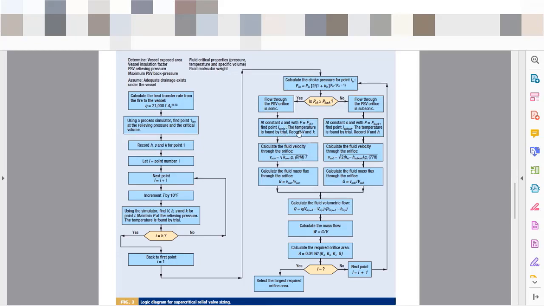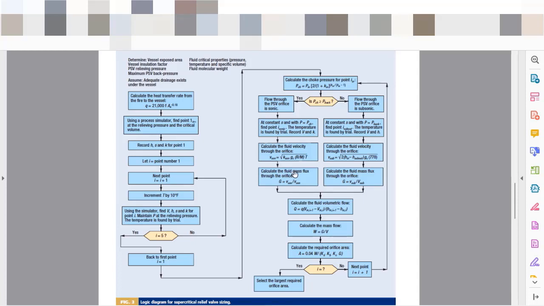With the choked temperature, we record the specific volume and also the CP/CV. With that, we calculate the fluid velocity through the orifice as the sonic velocity based on this equation, and we calculate the mass flux through the orifice for the choked condition, and that is a very important point, because here the mass flux is limited by the choked condition.